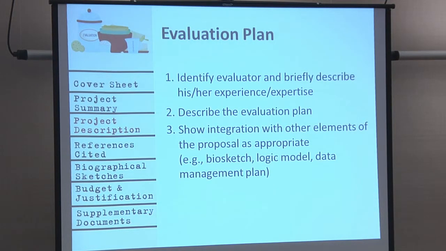But in the plan, the evaluation section is made up of 3 elements: information about your evaluator, the evaluation plan, and the integration of other aspects of your proposal. So the evaluation section of that 15-page narrative should only be 1 to 3 pages. So you have to be really succinct.